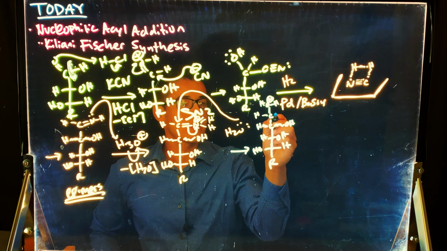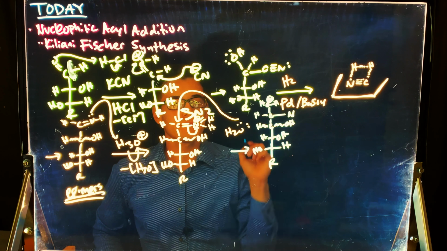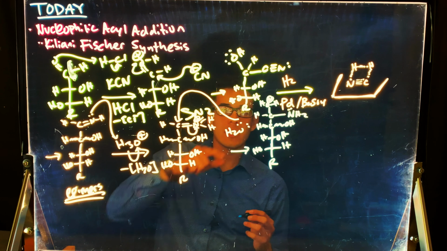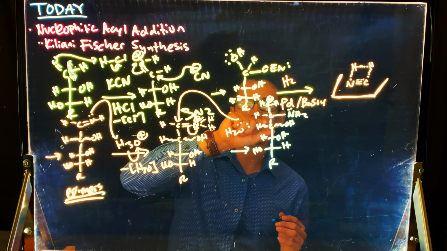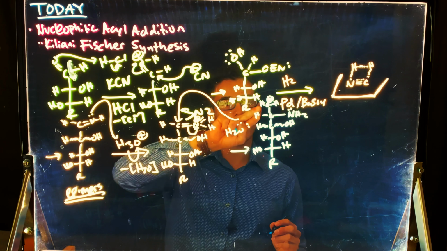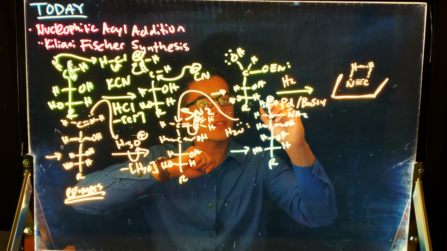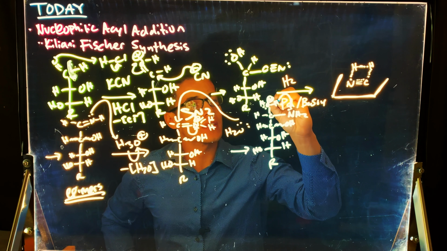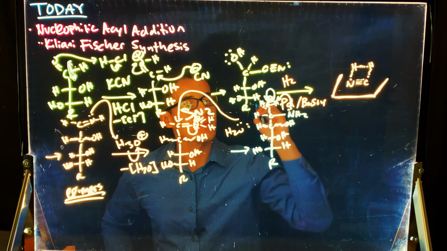Hydrogen coming off, single bond to nitrogen. Still has those 2 groups, but now we have a lone pair. So let's go ahead and try to resolve this problem here with the oxygen. Oxygen has 3 bonds here and a lone pair, so it's unhappy, it's got a positive charge. This nitrogen can go ahead and take care of that problem.